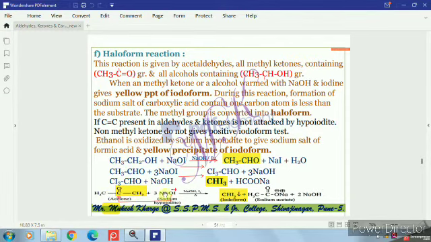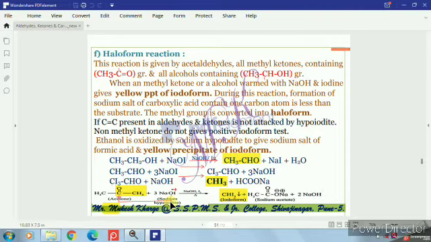Acetone reacts with 3 moles of NaOI and gives iodoform plus sodium acetate, plus 2 NaOH. So the CH3 group gets converted into iodoform and the remaining group gets converted into sodium acetate. Similarly, you can write a similar type of equation for ethyl alcohol.